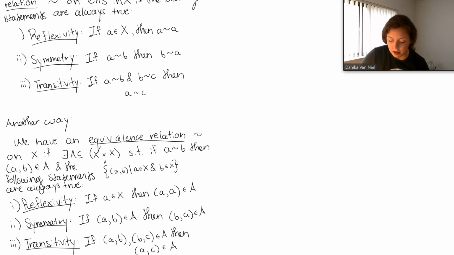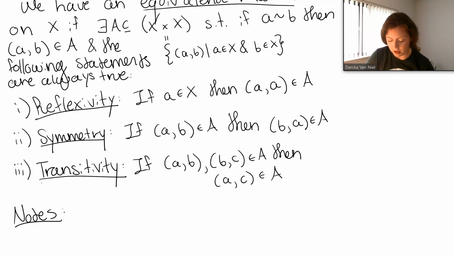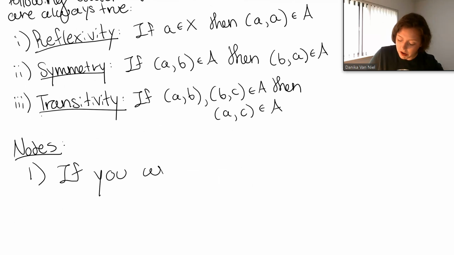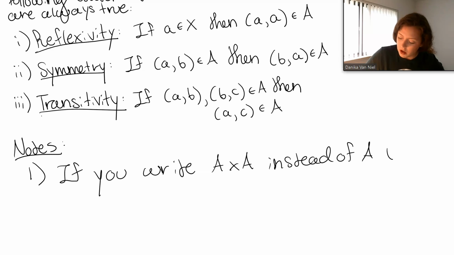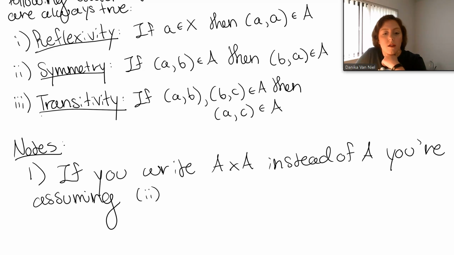A common question people have. Here, we're just going to do two notes. First, if you write A cross A instead of A, you are assuming part 2. Why?